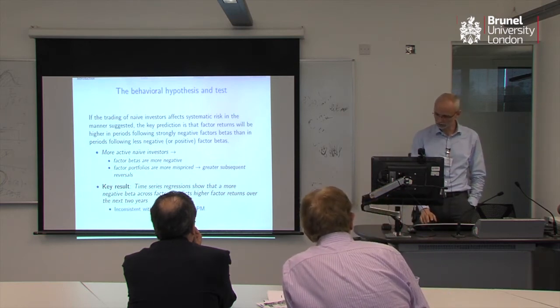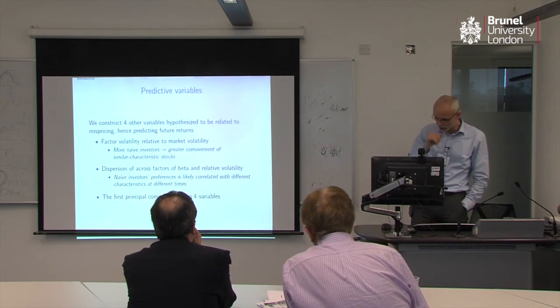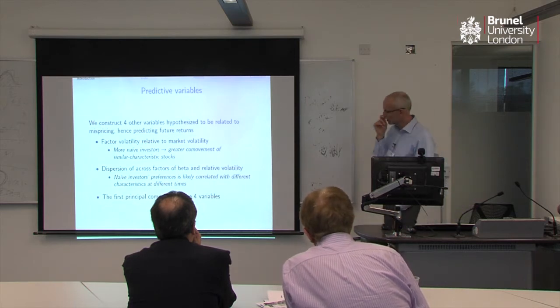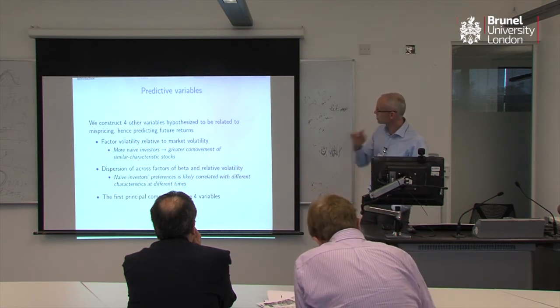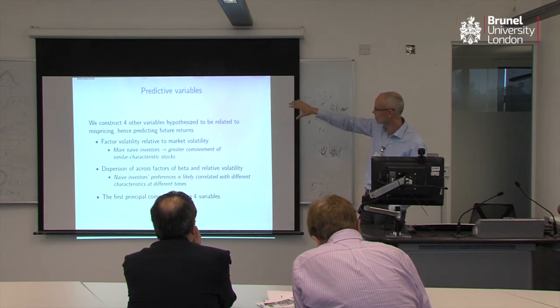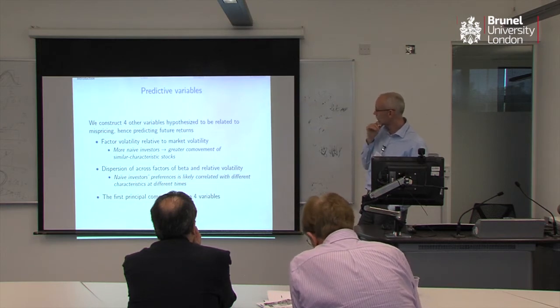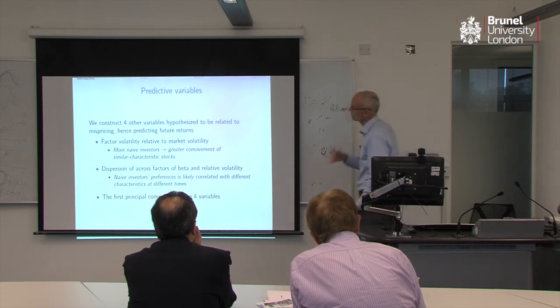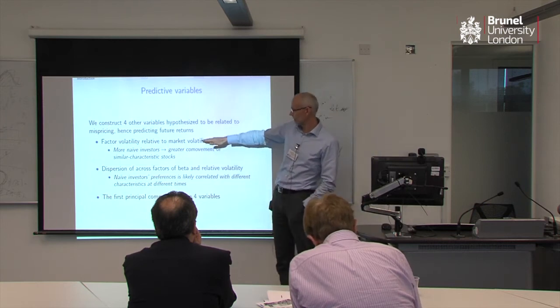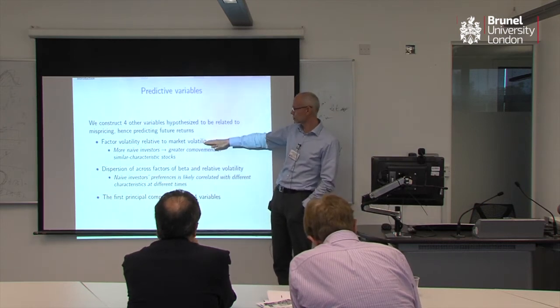All right, so the beta is going to be one key predictive variable for factor returns. We'll also construct a few other variables, namely the factor volatility relative to market volatility.